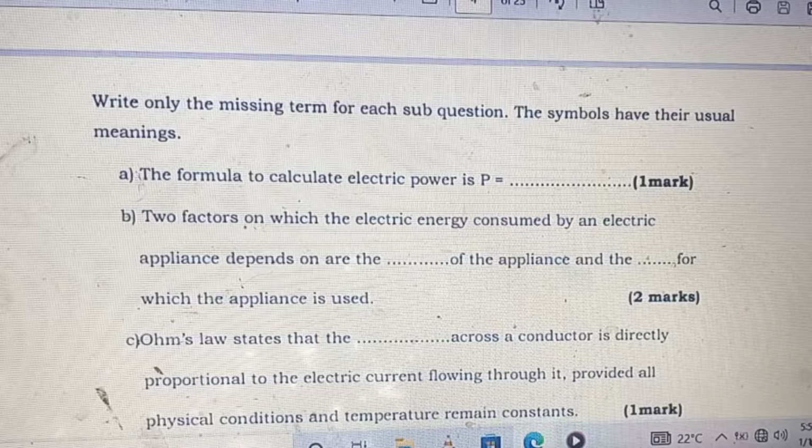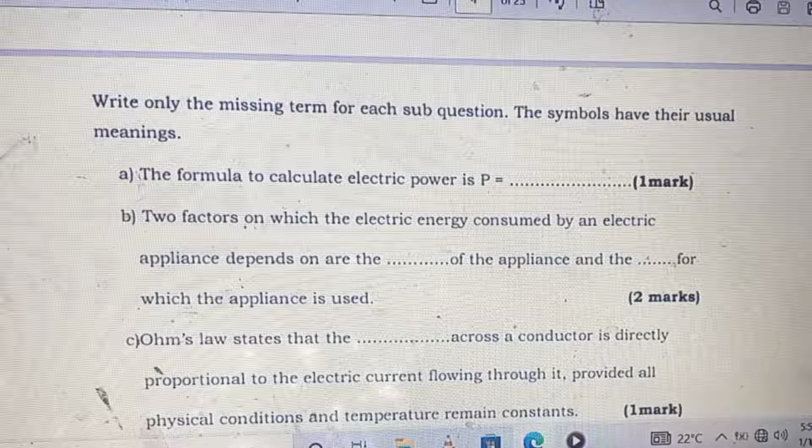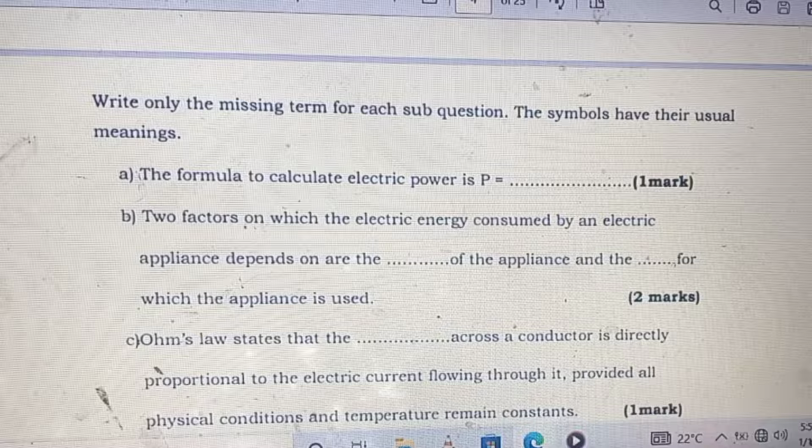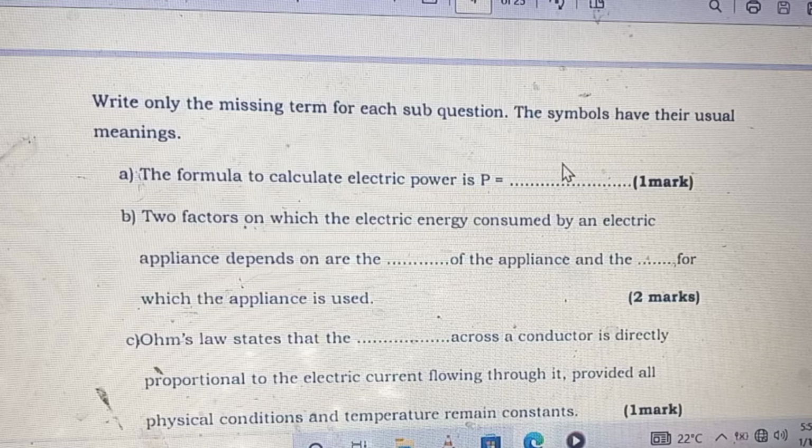The symbols have their usual meaning. A. The formula to calculate electric power is dash dash. The correct answer is voltage squared over resistance.